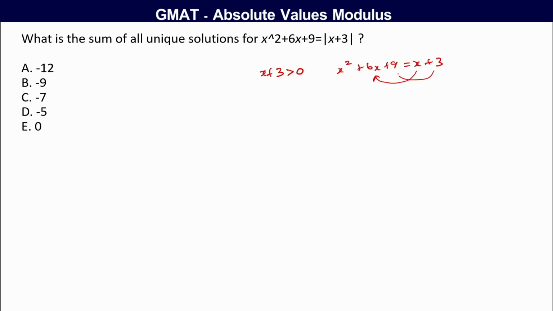Taking it on one side, we have x squared plus 5x plus 6 is equal to 0. 6 is 3 into 2, so x is either minus 3 or minus 2, but here the value we must select is greater than or equal to minus 3.